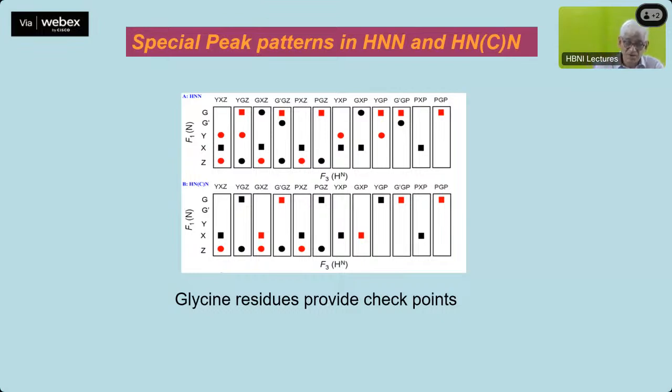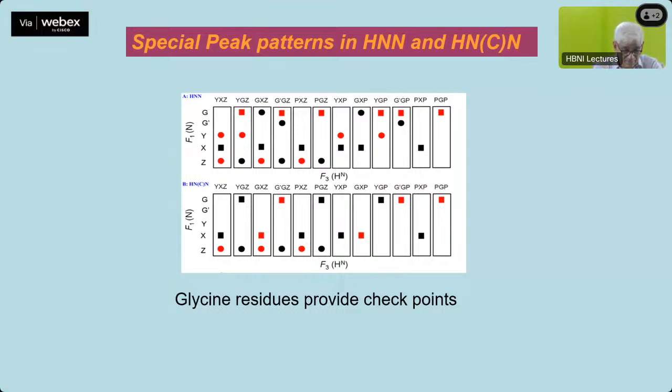Now, if I have a YGZ, you see this diagonal is negative and the sequential to the Y, which is on the I minus 1 side, is negative. But the sequential to the one on the I plus 1 position, Z, is positive. If I take this GXZ, now the G is present at the I minus 1 position.